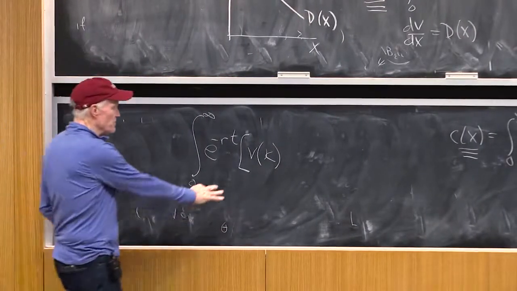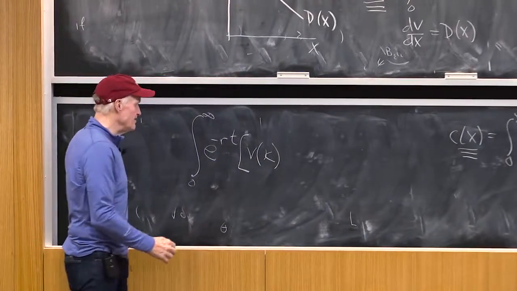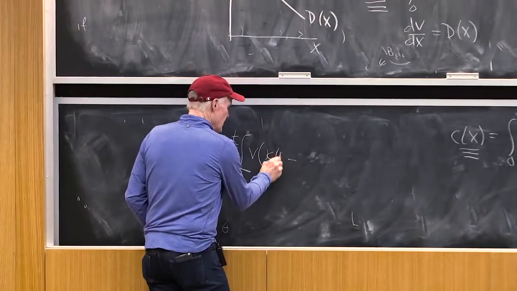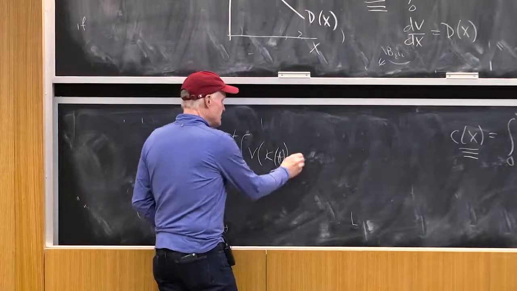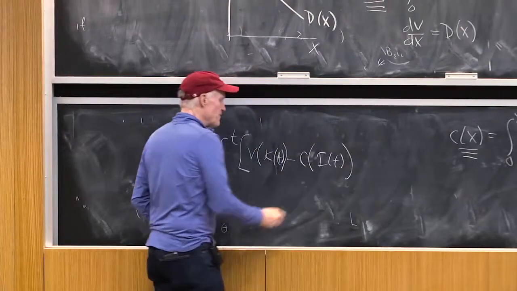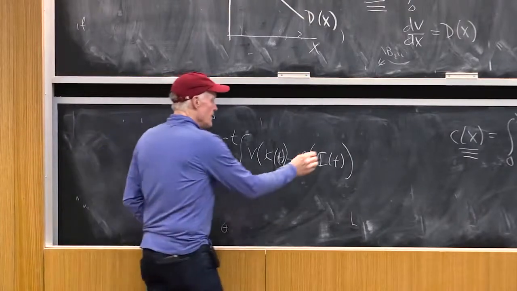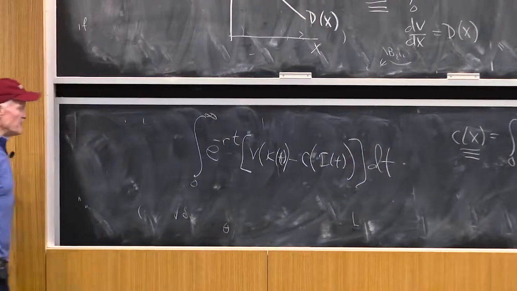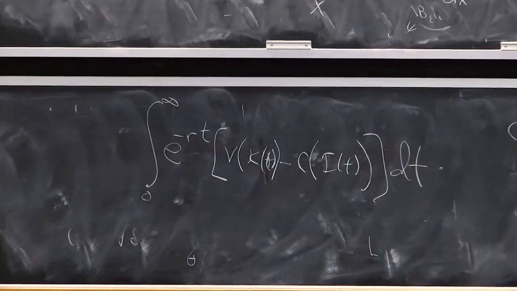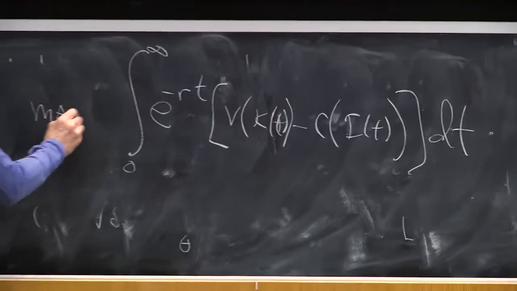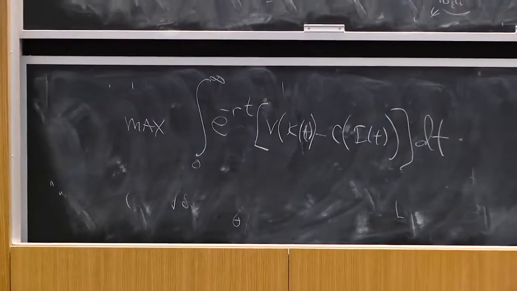So that's the value created by the capital stock at day t, minus c of I of t, where that's the amount that I invest at day t, dt. So I could restate my equilibrium problem as corresponding to this maximization problem. Right? So that would be my maximization problem.